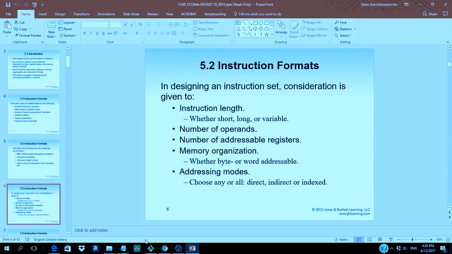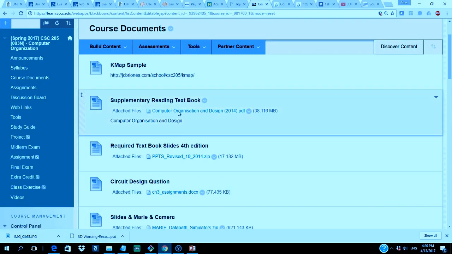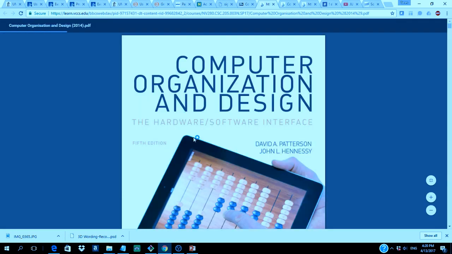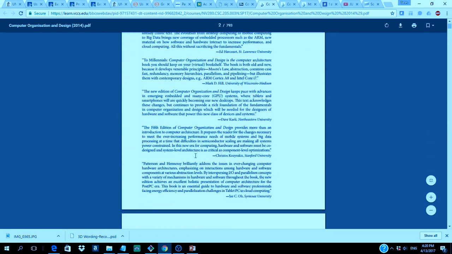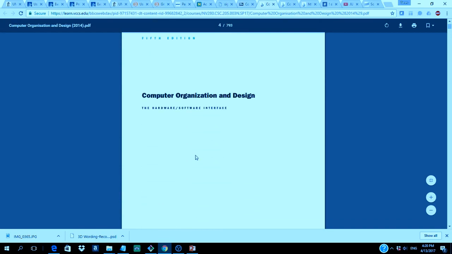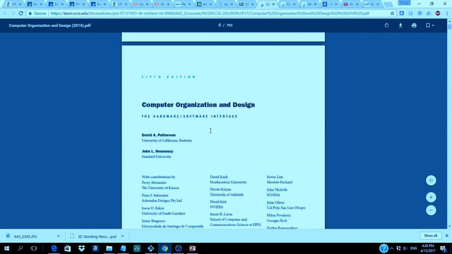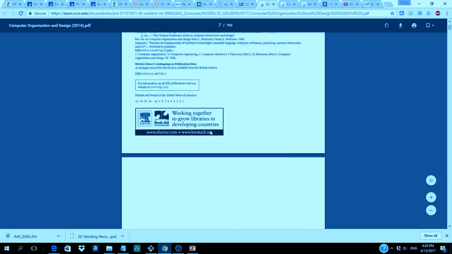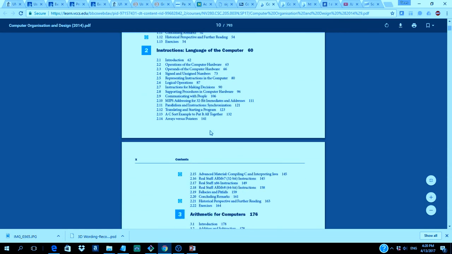So x86 somewhere. I can bring up a book. This book talks about another type of assembly. This is a good book too.